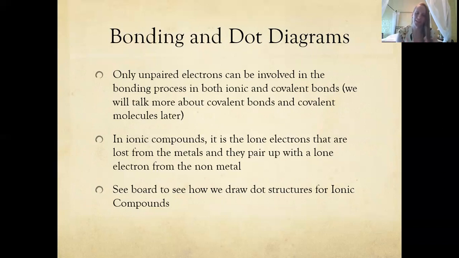That is how we then create a positive ion and a negative ion, by that loss and gain of electrons, and then those oppositely charged ions bond with one another. Okay, so I'm going to switch over to my document cam now to show you how we actually represent this.